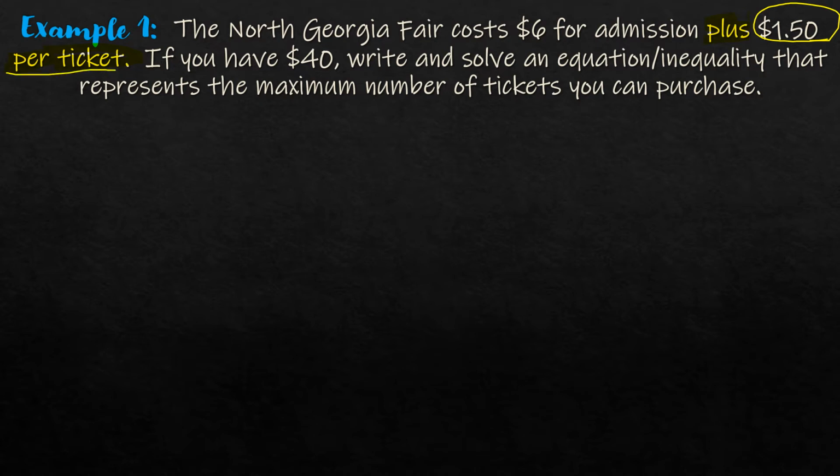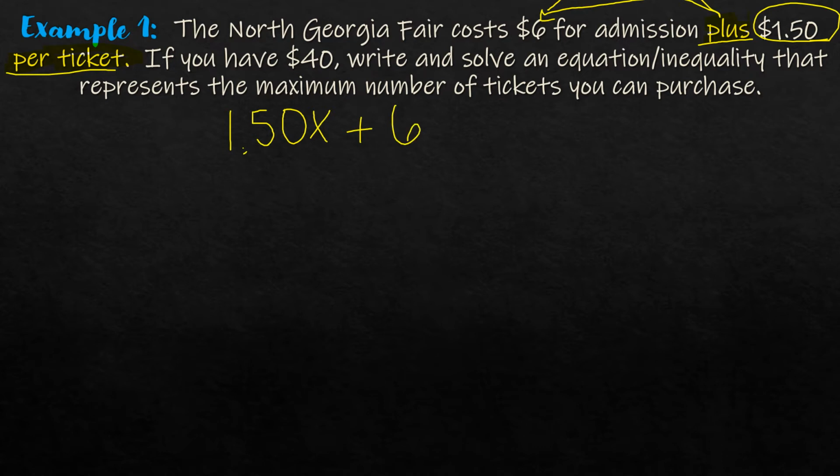That means that's going to be $1.50x. Okay, so we can go ahead and write that down, $1.50 per ticket, because we don't know the cost of the ticket. Now you can use t instead of x, that's fine. It doesn't tell us which variable to use, so that's up to you. And then we have plus my admission cost, which we're only paying one time. So this is going to be plus 6.